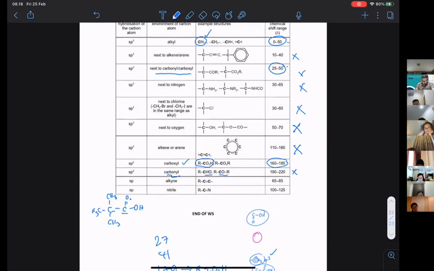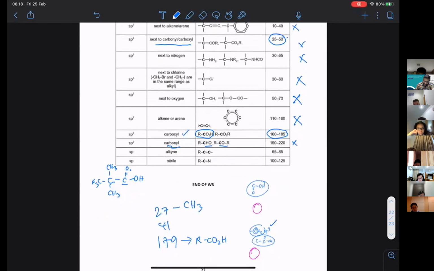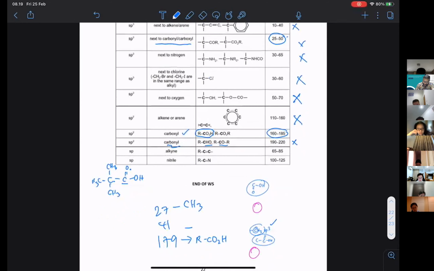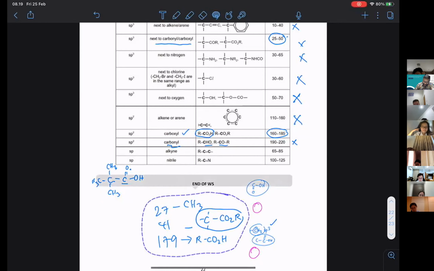Let's see the marking given. But if I want to select, 27 is the smaller number, so I will select this one as CH3, and I will select this one as the carbon attached to three things, and then CO2R. Let me bring it back again.